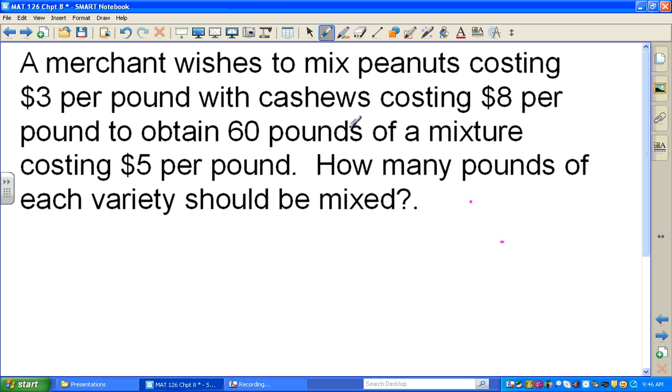A merchant wishes to mix peanuts costing $3 per pound, and cashews costing $8. I'll give you one hint on this. You set up one equation for pounds and one for cost. One for pounds, one for cost. The pounds is easy.